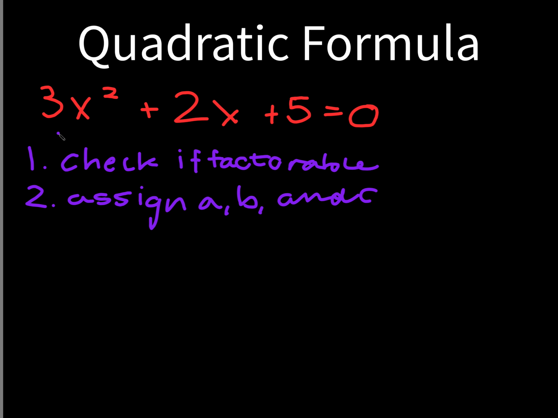Once we've done that, I'll save actually doing it for when we do the formula after I list out the steps. After that, we're going to go ahead and plug into that equation. We're going to replace our specific A, B, and C's with the real letters. And then lastly, we're going to go ahead and simplify.